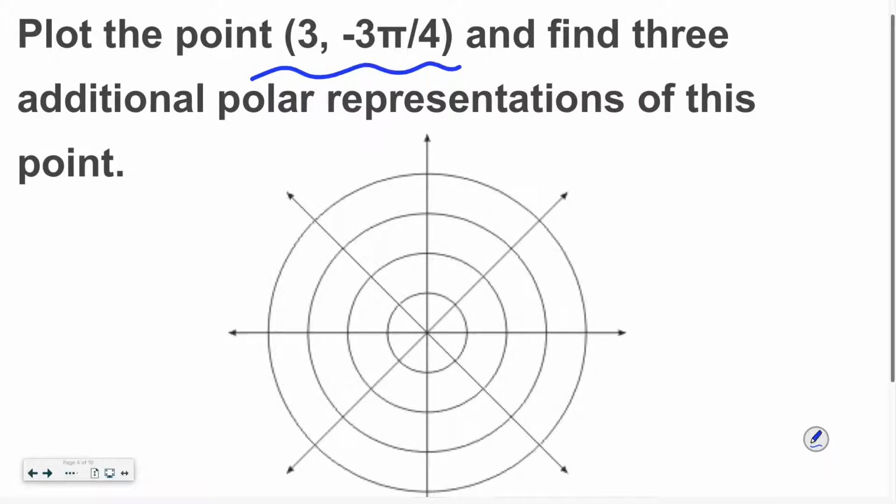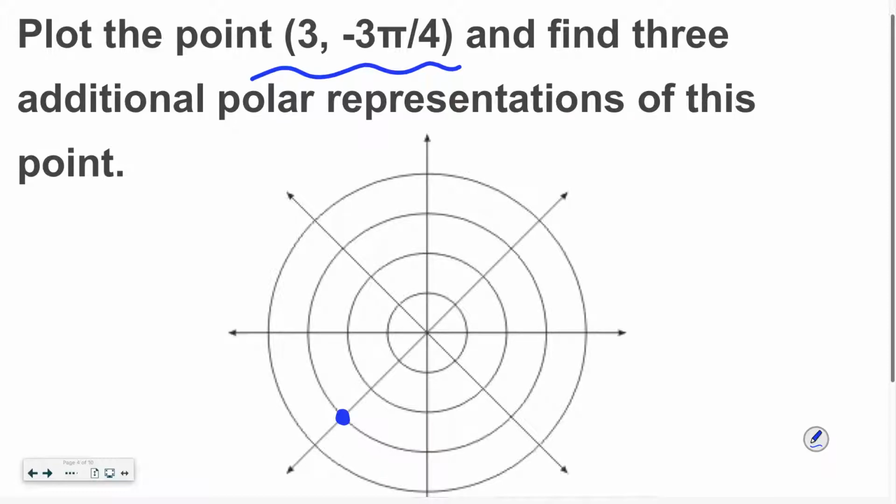Where's our angle of negative 3 pi over 4? Do you agree that this right here would be negative 3 pi over 4? So once we turn ourselves to negative 3 pi over 4, then we could walk out 3 grid marks.